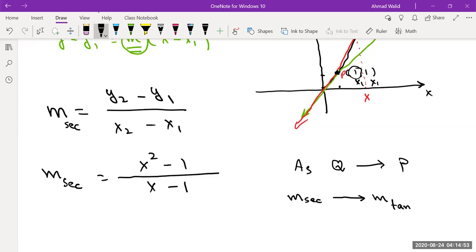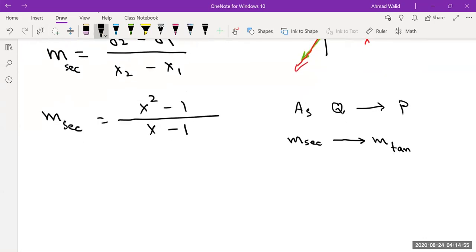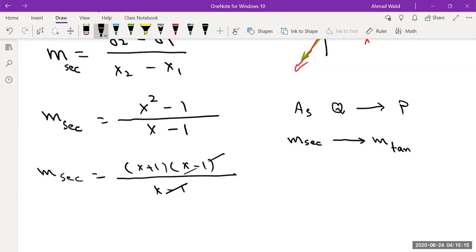Now, look here. M of secant line equals, using algebra techniques, can I factor the top? It's the difference of squares, right? You can factor it as x plus 1 times x minus 1, over x minus 1. Here, x minus 1 cancels out with x minus 1. Then the slope of the secant line equals x plus 1.